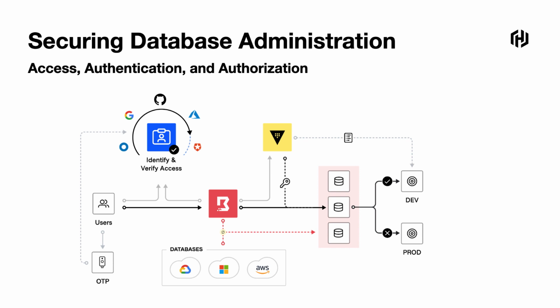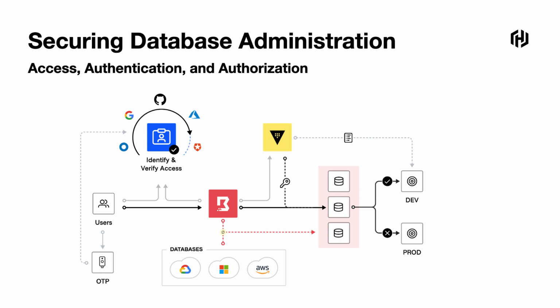So it provides you with a really strong model in terms of who can access my systems, what they are able to do in terms of authentication and authorization, and then the revocation once the session ends.